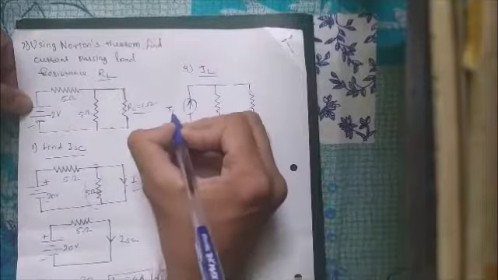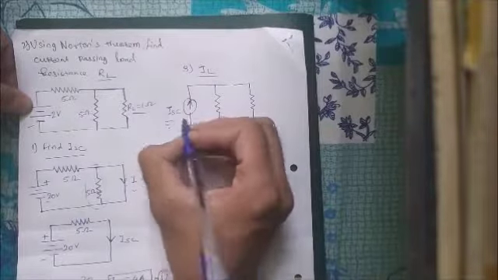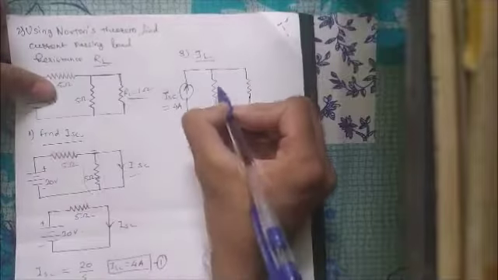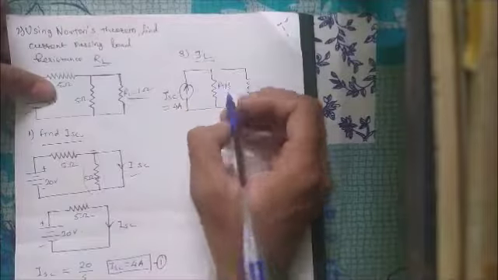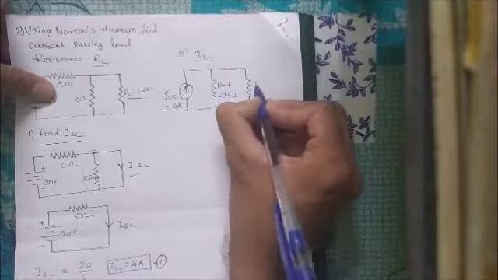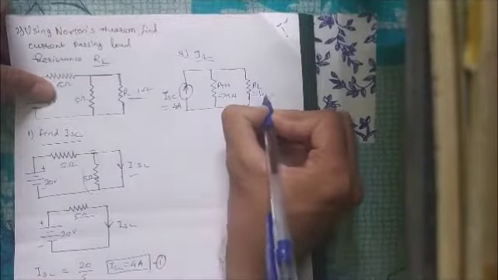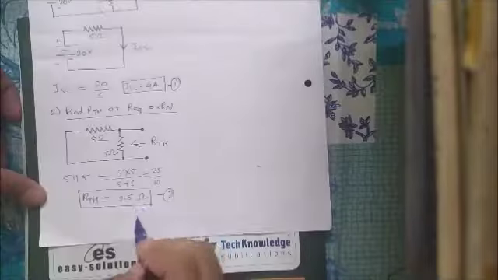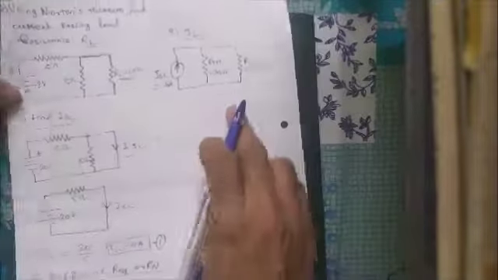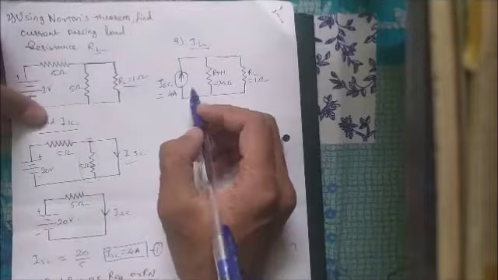So your ISC is 4 ampere, that is equation number 1. Then this is your RTH, which is 2.5 ohm, and this is your load resistance of 1 ohm. This RTH is nothing but the calculated value of 2.5 ohm.